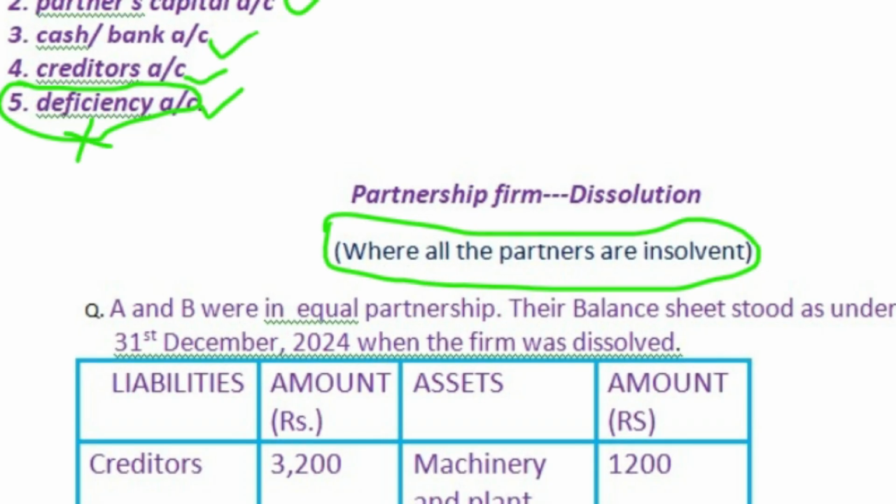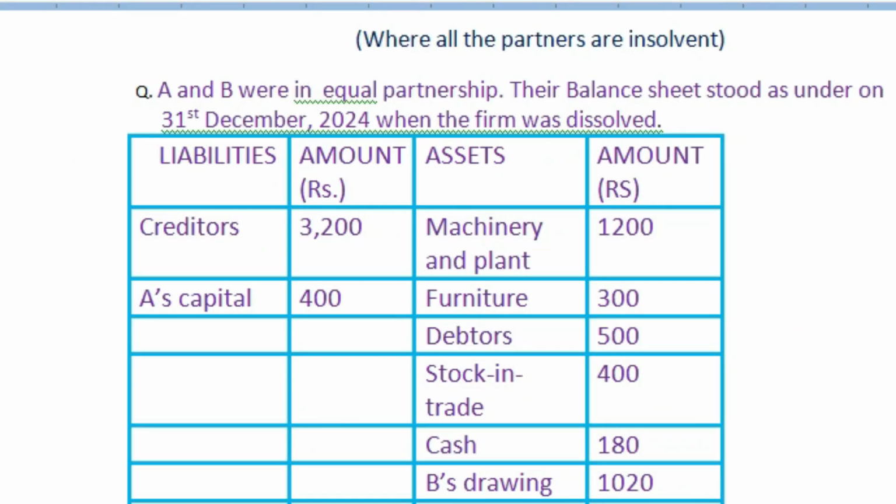The creditor's account is also normally not required. Only the realization account, partners' capital account, and cash or bank account, whatever balance is given in the question, are prepared. So the question is on the screen: dissolution of a partnership firm when all partners are insolvent.